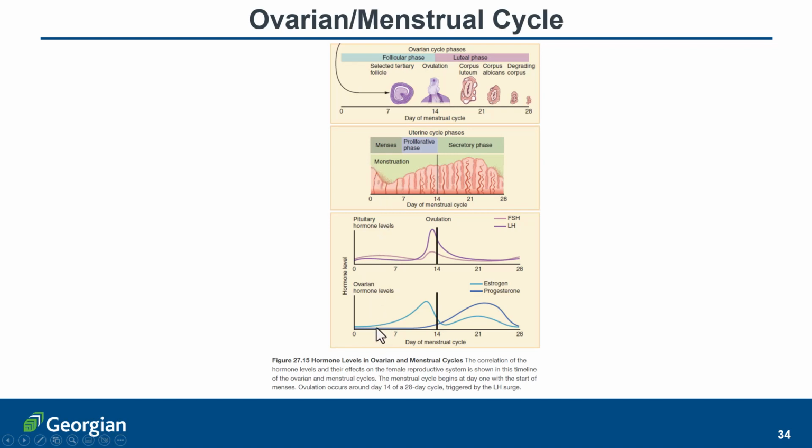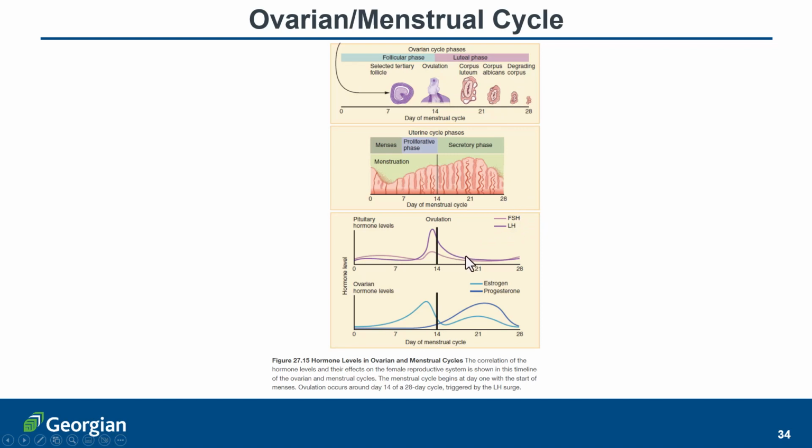Now we have the rise of GnRH and LH and FSH and ultimately estrogen that promotes follicular growth and development. And then estrogen switches to a positive feedback effect. We're going back to the ovarian cycle over here to cause the surge of LH. The surge of LH triggers ovulation, releasing the secondary oocyte that will now travel through the uterine tubes, waiting for fertilization to occur.